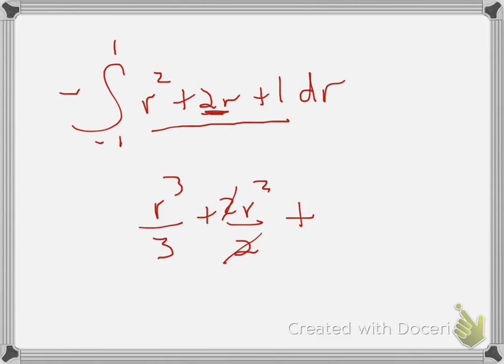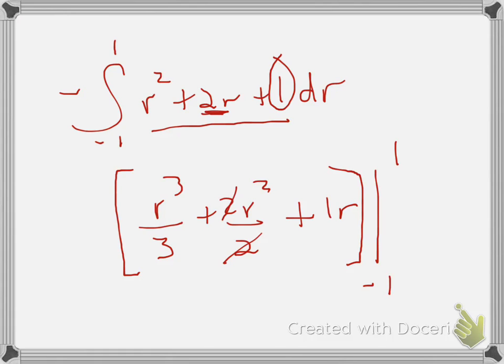And the integral of 1 is just 1r, okay? And we're going to bound that from -1 to 1, and what I like to do sometimes is just crunch this whole thing out. And then know in the end that I'm going to negate it in the very end.